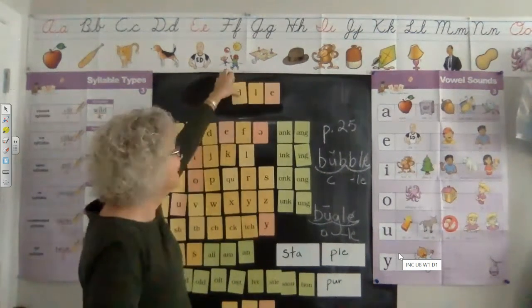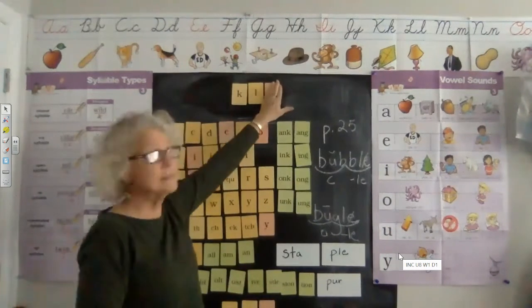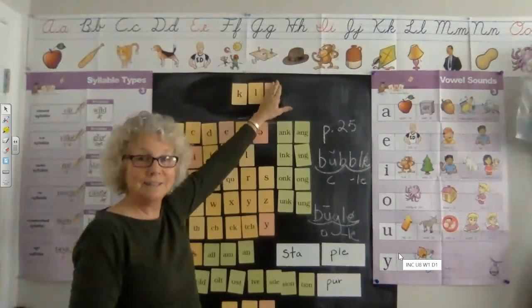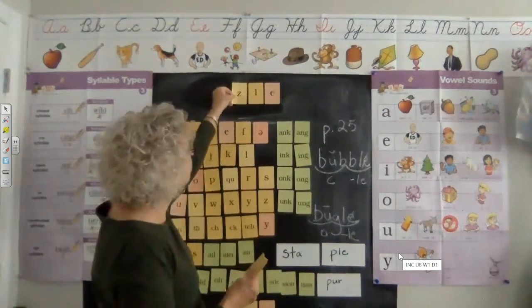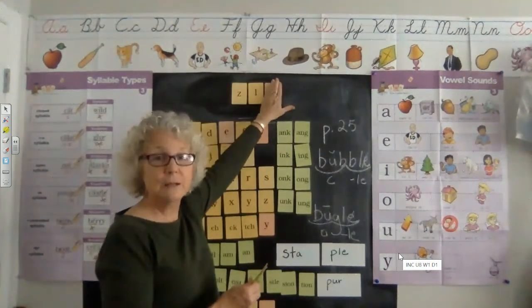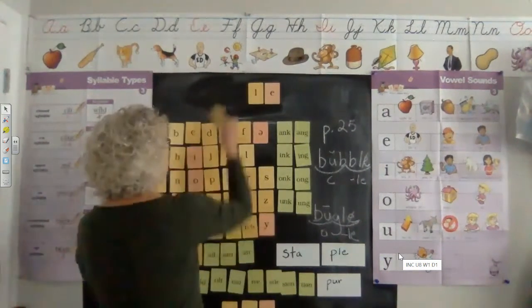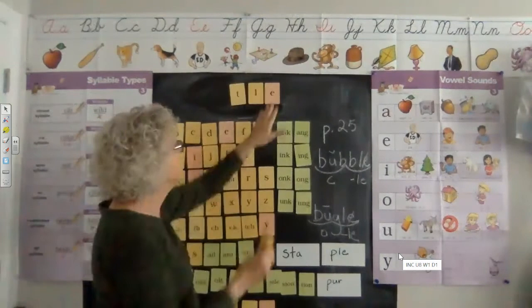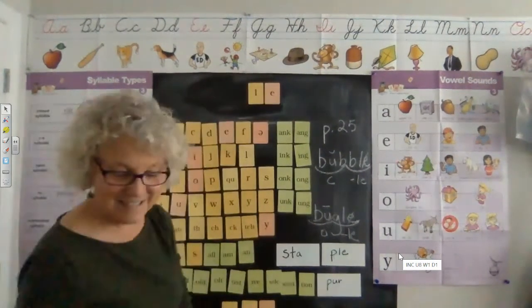Dole, exactly. If I change my D to a K, now it says coal. Nice. If I change that to a Z, it becomes zole. Exactly. If I change it to a T, now it becomes toll. You guys are getting good at this.